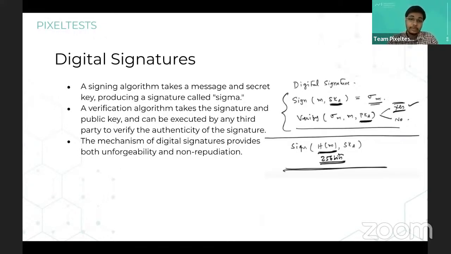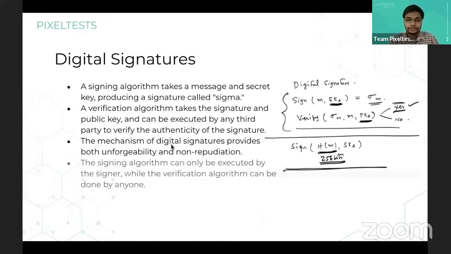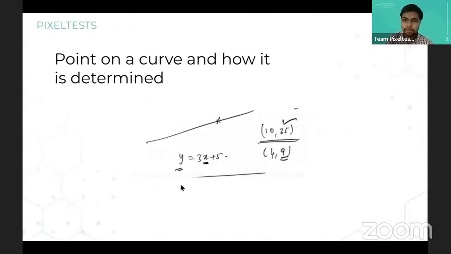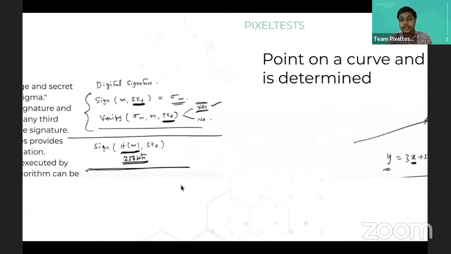Non-repudiation means that he'll not be able to deny, because the verification says that yes, this is signed by that person only, because it has his own secret key, and the verification will tell whether this is the right signature or wrong, right? So it protects both the parties. The signing algorithm can only be executed by the signer, while the verification algorithm can be done by anyone, right? So this is the concept.